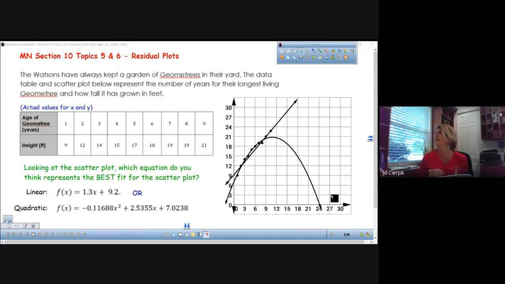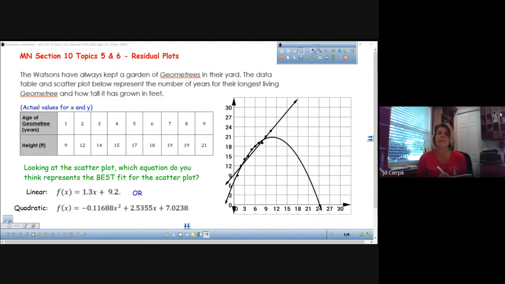If you look at those two, and let me open my chat box over here, my gut would tell me that it's linear. I'm thinking about a tree and how tall it grows, and it just seems to get taller with age. And I would not expect a parabola to be the best fit.